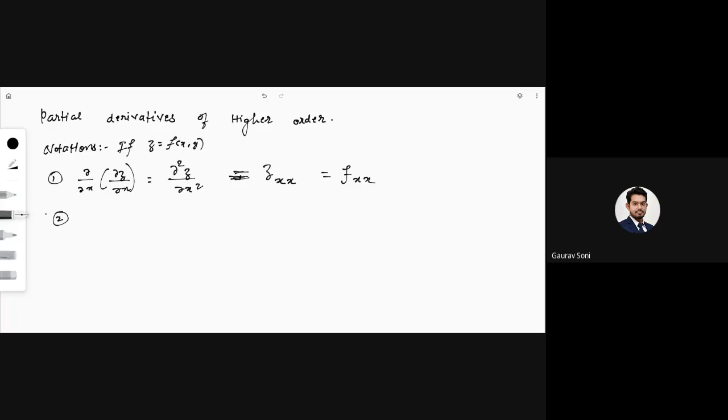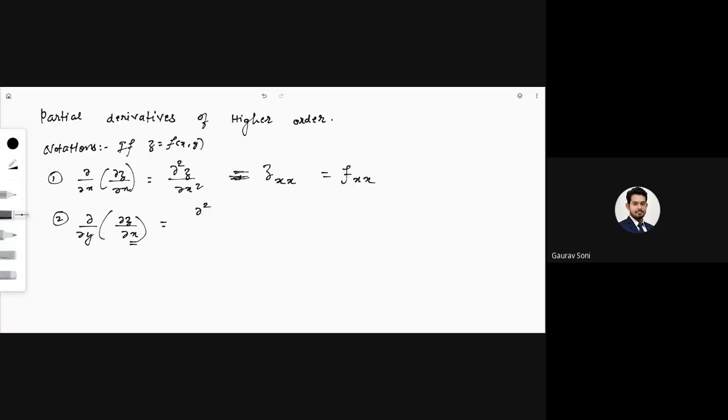Second, ∂/∂y of ∂z/∂x. So what we have now? I have differentiated z with respect to x first, and whatever result we have got, after that I am taking the derivative with respect to y.